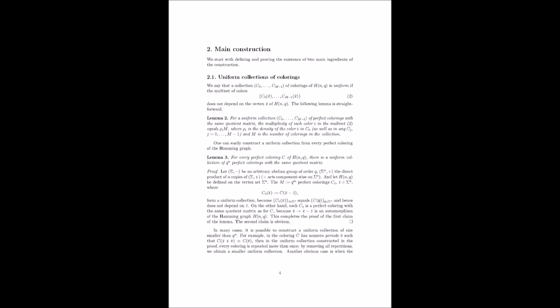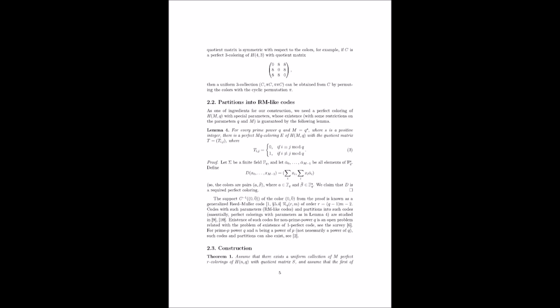Now, an argument is considered essential if changing the symbol in that position actually changes the color of the word under our perfect coloring. So basically, if it's non-essential, I could swap out the symbol in that spot and it wouldn't mess with the coloring. Exactly. So you can think of it as a way to simplify things, right? You don't really need that argument to achieve the perfect coloring.